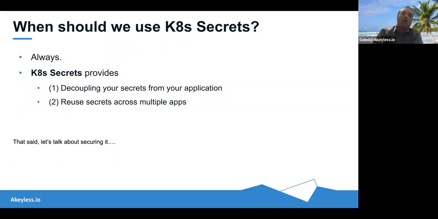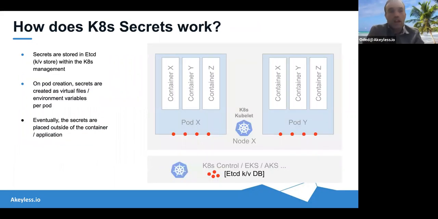So the whole thing here is first to provide some kind of mechanism to decouple the secret from the application itself, and of course to reuse the secrets within a cluster for several applications. If you look at it, and we'll talk about it, you might find it not necessarily secure. I know it sounds a little bit weird, but now we're going to talk about it.